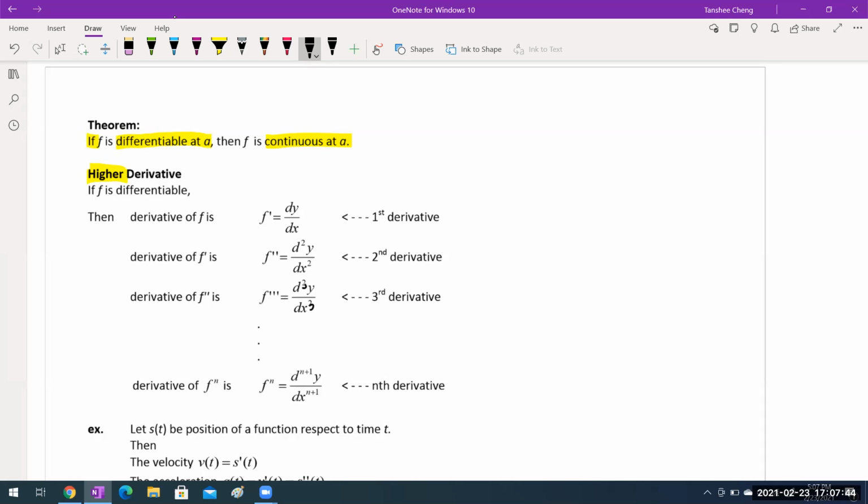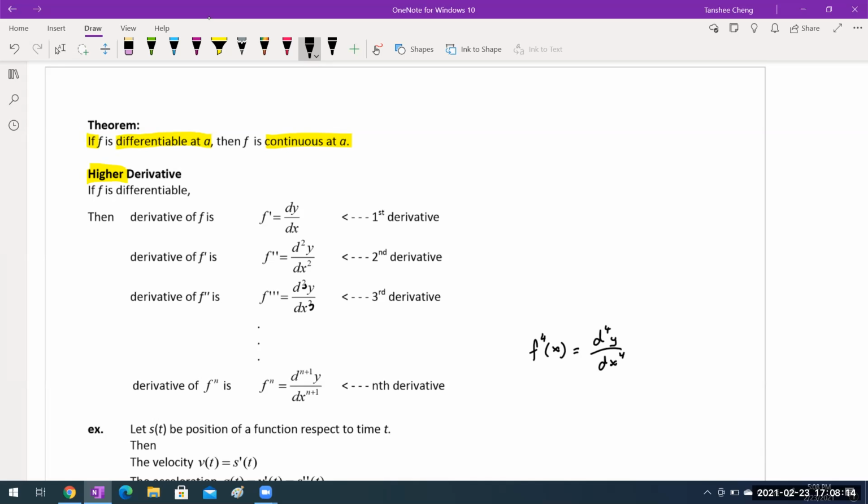If you have n derivatives, we write it as f to the n. So the fourth derivative will be f to the fourth of the function, and this will be d to the fourth y over dx to the fourth. So on and so forth, and you continue on from there.